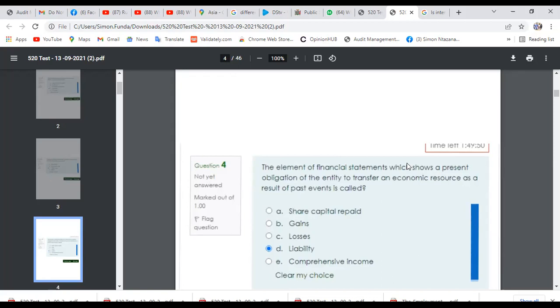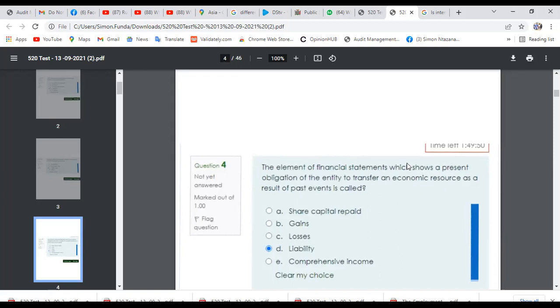What is it going to create in your organization? Is it going to create a capital? Is it a capital issue? Is it going to create a gain? Is it going to create a loss? Is that a liability, or is that an asset?